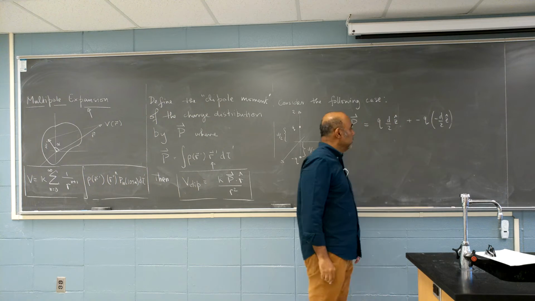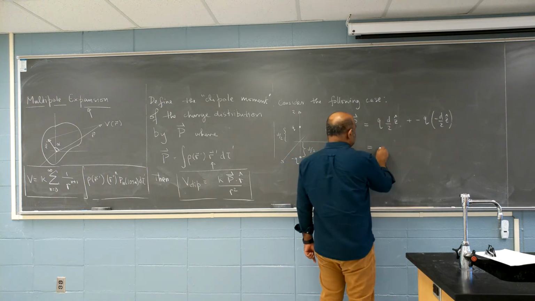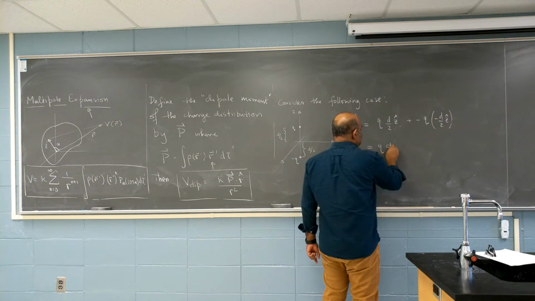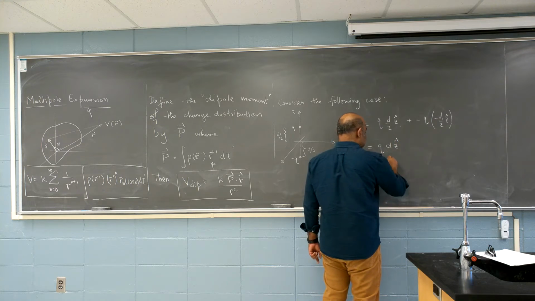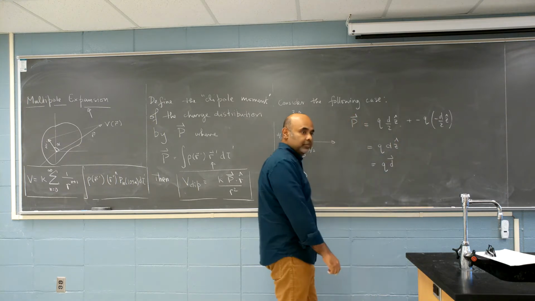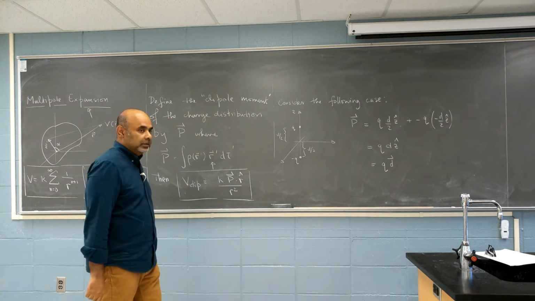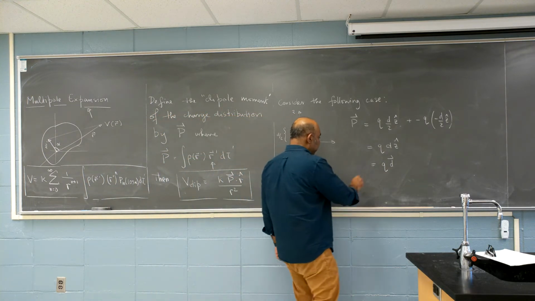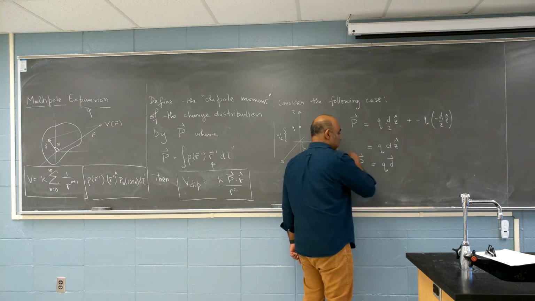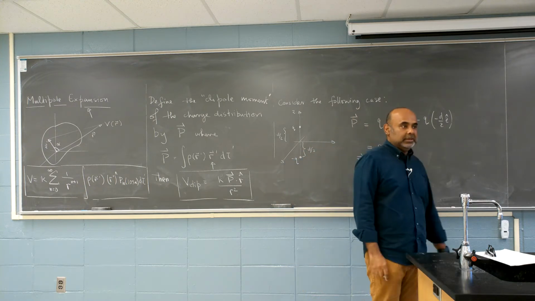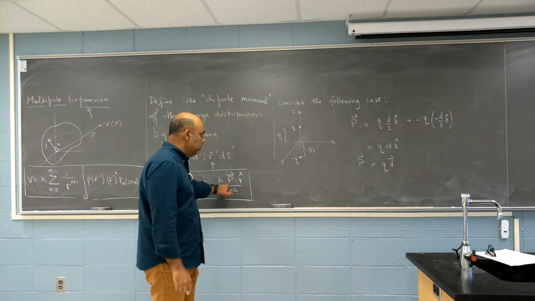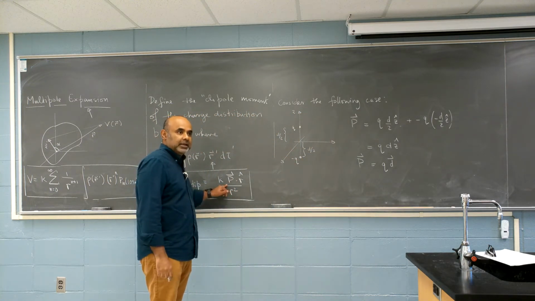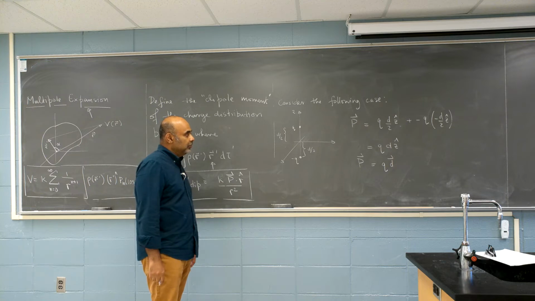That's where they're located. And therefore, it is Q d z hat. I can even write this as Q d. That's the dipole. This is the physical dipole. And when you put this back in here, you will get exactly the same answer as you got before.